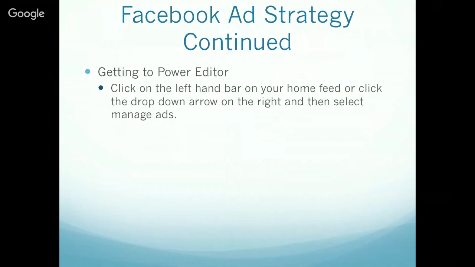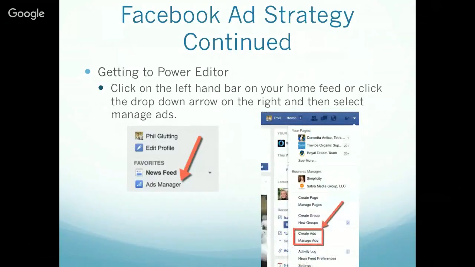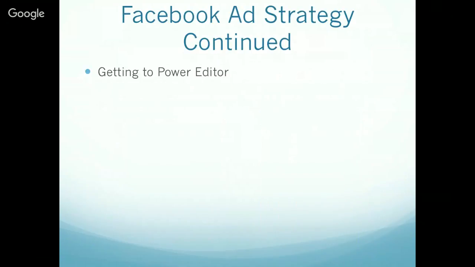All right, so for the Power Editor, click on the left-hand bar on your home feed, or click the drop-down arrow on the right and then select Manage Ads. And this is basically how you get into Ads Manager, which I just showed you. And here are the screenshots again of how to get back into Ads Manager.